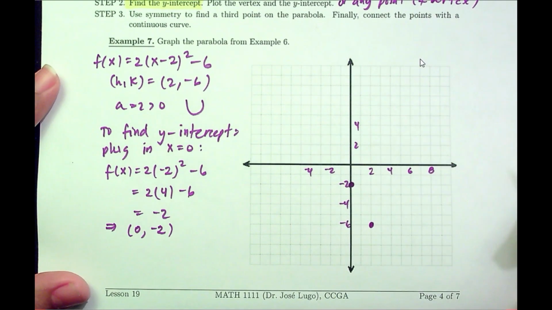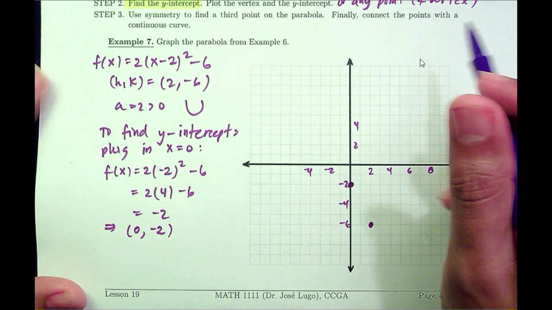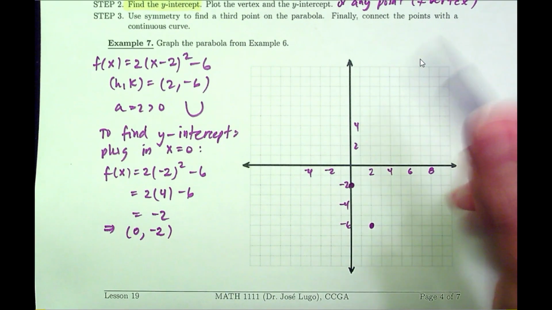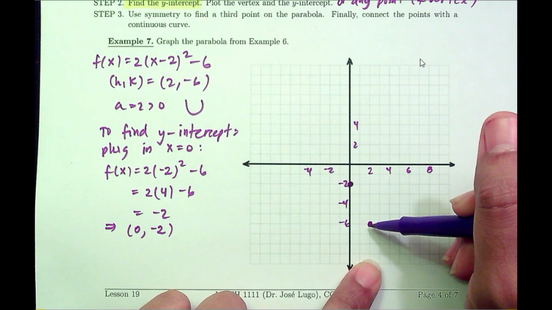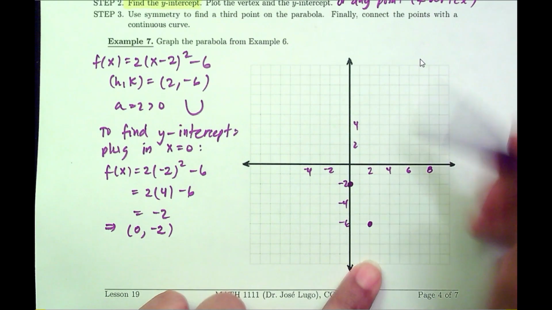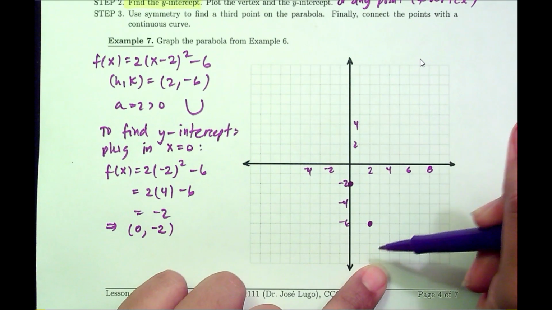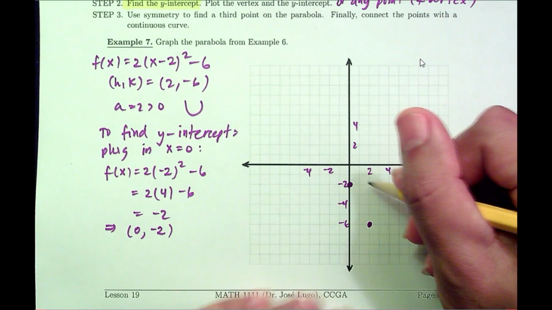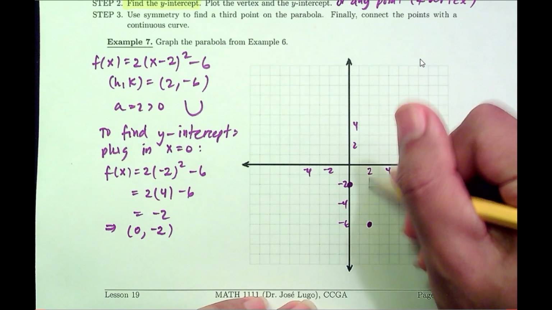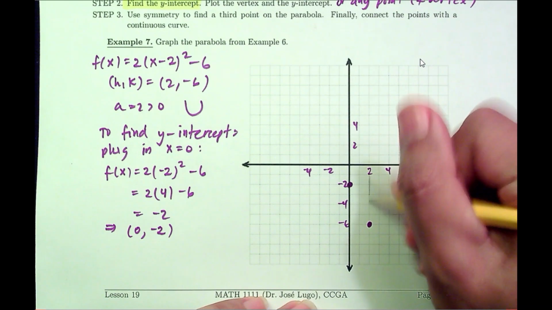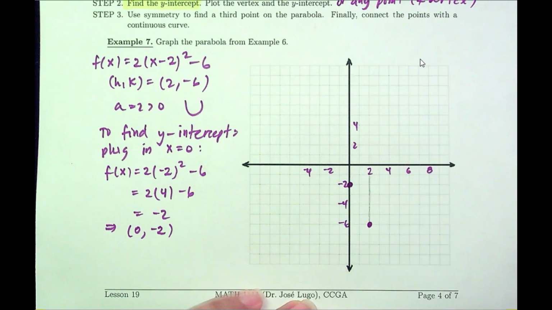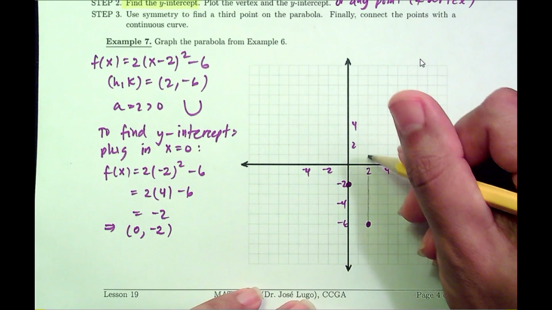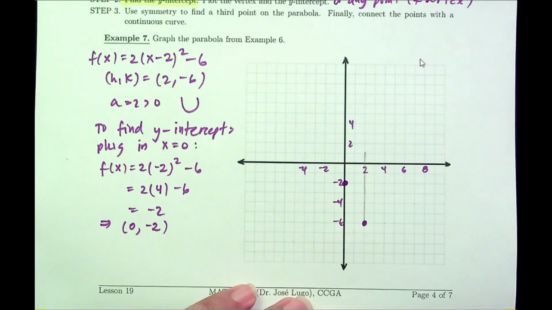And then I need one more point, but the other point is for free by using the axis of symmetry. So we know that this is a vertex and that it opens up. The axis of symmetry passes right through the vertex. I'm just going to draw this with pencil.